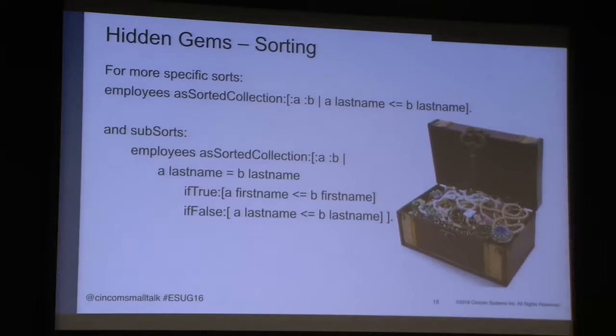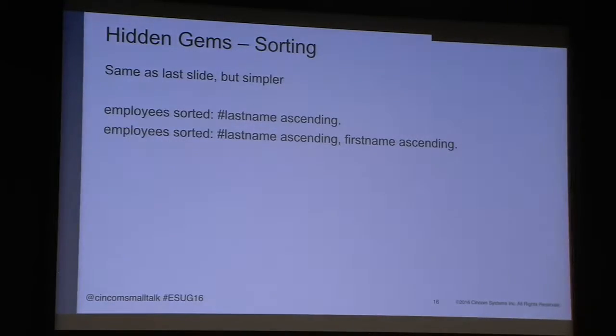Here's a couple more types of sorts, if they don't know how to explicitly sort themselves. So here we have a collection of employees and we want to sort them by last name. That's the first example. And especially the more verbose second example where we're doing a subsort. If they have the same last name, then sort by first name, so a subsort. Well, there's essentially a shortcut to doing this.